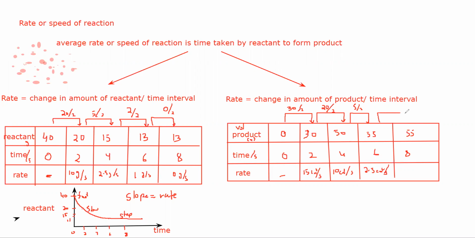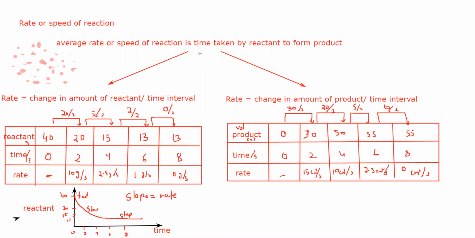And 55 remains 55, no change. So change is 0, and 0 divided by 2 gives 0 centimeter cube per second. What it shows is, when the rate is 0, it means the reaction stops.